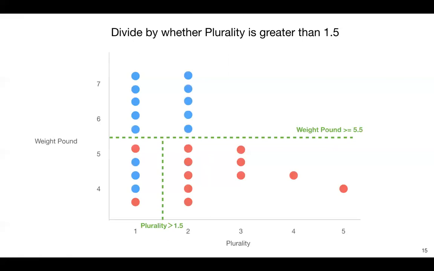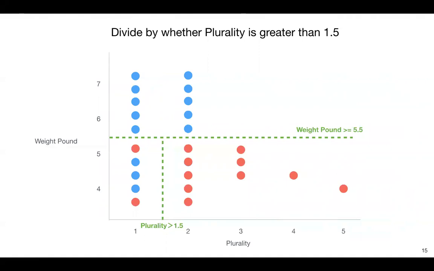And then let's add another line around 1.5 of plurality. Then by doing so, we can say any baby greater than 1.5 plurality and less than 5.5 pounds is more likely to be premature because it's all red color, right?